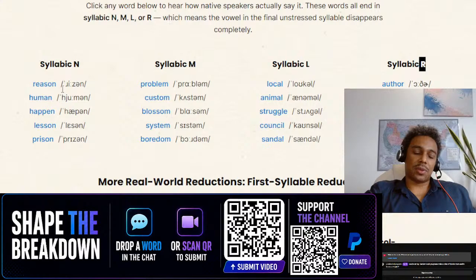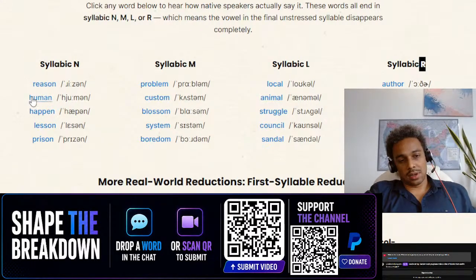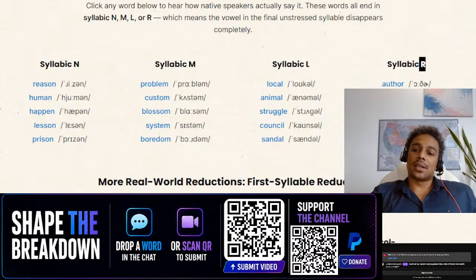So in all of these examples, the N is at the end of the unstressed syllable. Okay, so I'm not going to say reason, human, happen, lesson, or prison. I'm just going to go straight from the consonant to the next consonant. So you guys can repeat these after me. Here we go. Reason.